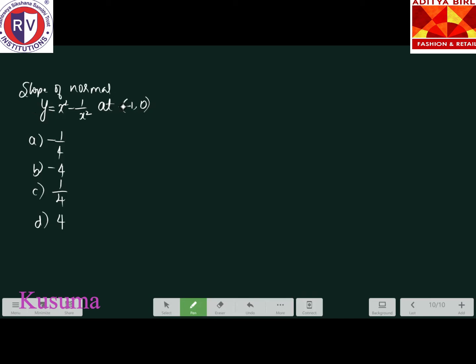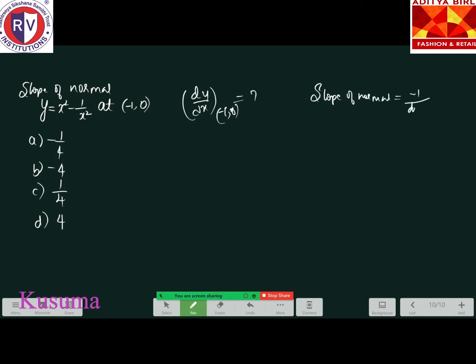So first let us find out dy by dx. dy by dx will give us the slope of the tangent at the given point. Then the slope of the normal will be minus 1 divided by this slope of the tangent, dy by dx at minus 1 comma 0. This will be our slope of the normal.